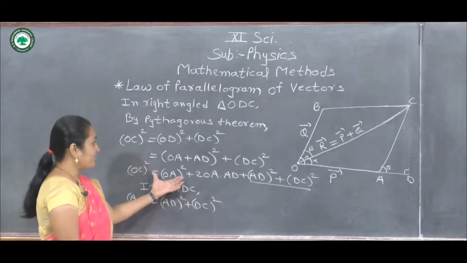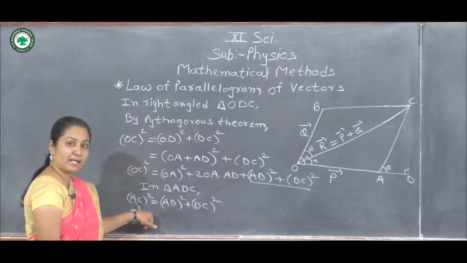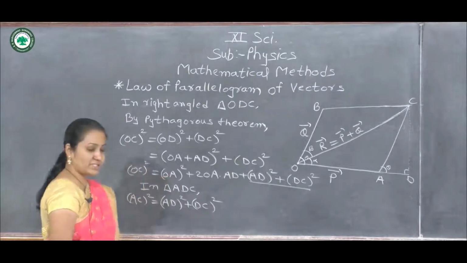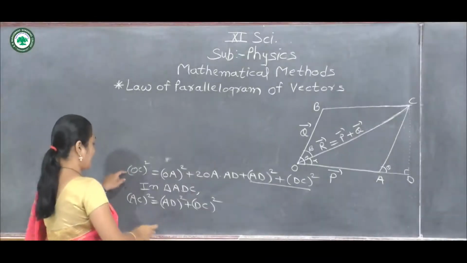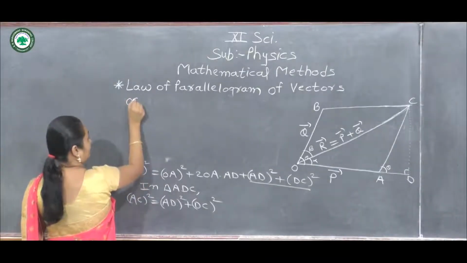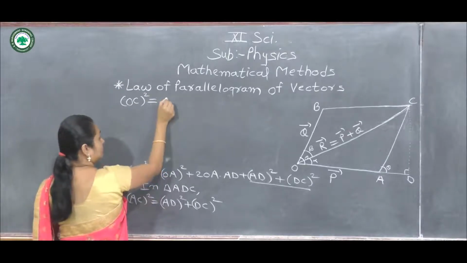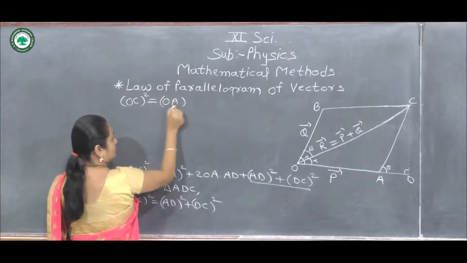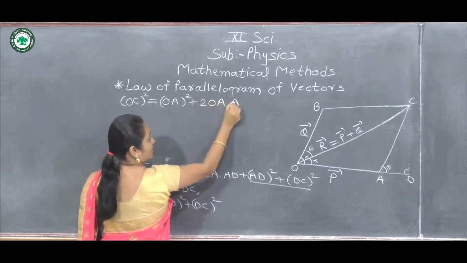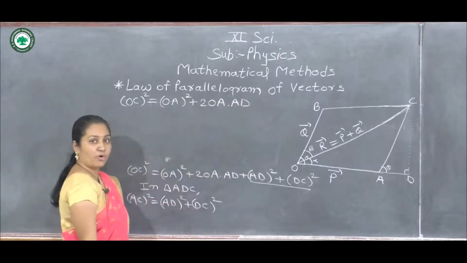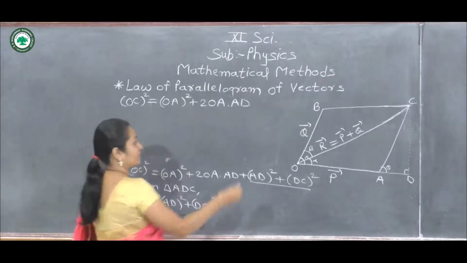We can simplify this equation by substituting AC square. So this equation can be written as OC square equal to OA square plus 2 OA into AD plus AC square.